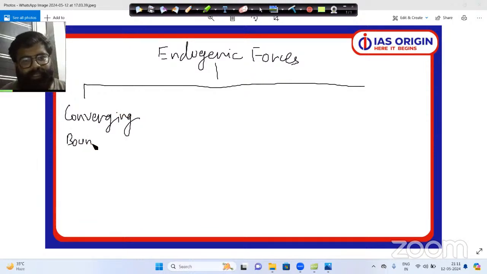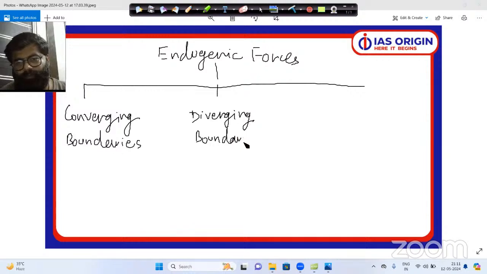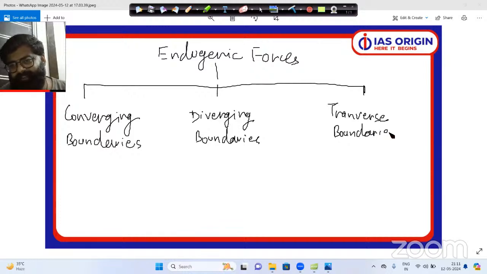Number two is the diverging boundaries. And number three is the transverse boundaries. Let's understand all of these three plate tectonics.